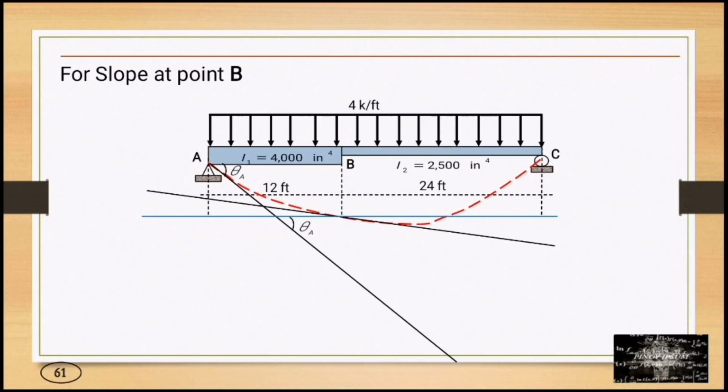So this is theta A. So we have theta AB, or change in slope between the tangents drawn to the elastic curve at points A and B. Then we have theta B, or slope at point B. So theta B is equal to theta A minus theta AB.